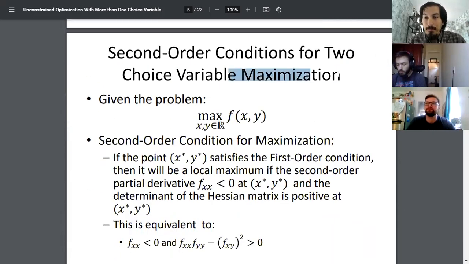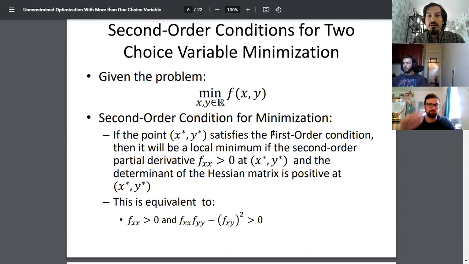If you're doing a maximization problem, then the second order condition is that the second order partial derivatives are negative, and the determinant of the Hessian should be positive. Remember, that is what we would say for maximization problems. Now, switching to minimization problems, the determinant condition doesn't change.